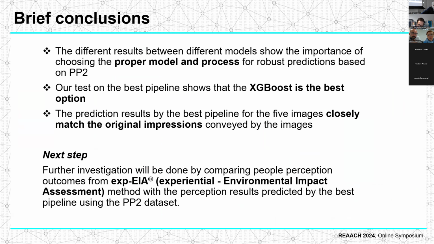And of course, our test, which is a first test that should be repeated in other types of morphology, for instance, so far shows that the best pipeline is XGBoost, and this is due to the fact that it is the tool that produces outcomes that more closely match the original impressions of people when we apply it to the original images. But we think that this is not enough to conclude this research.